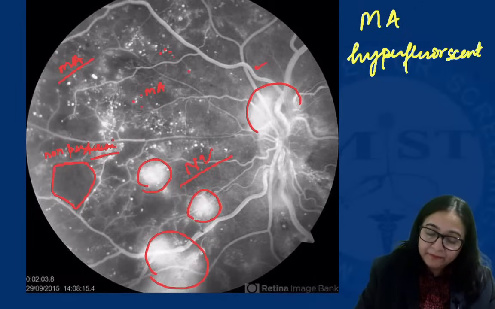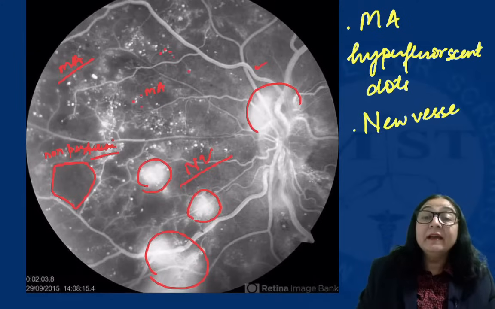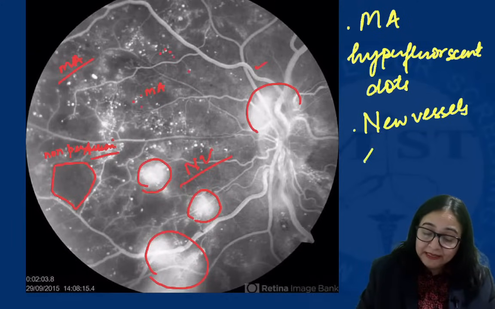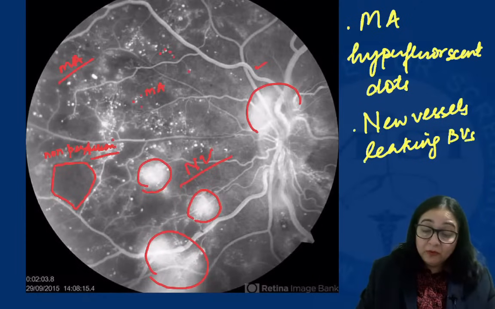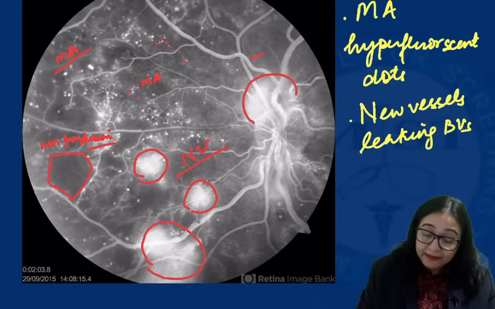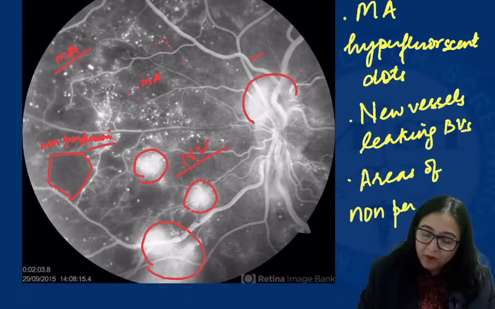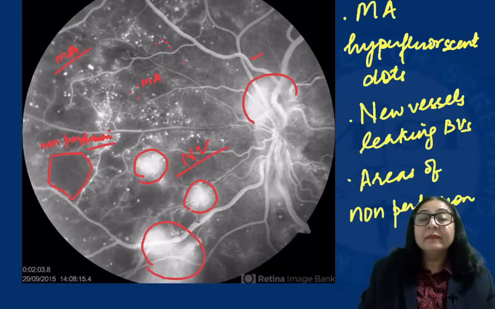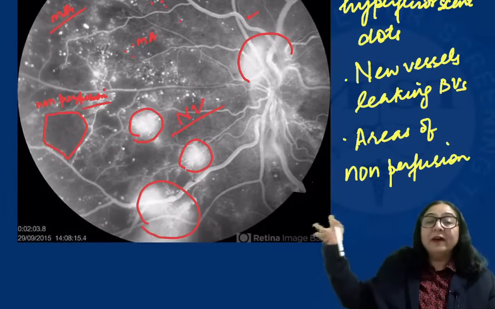You are seeing new vessels or neovascularizations which appear as leaking blood vessels. You are also seeing areas of non-perfusion where capillary block is there. So this is all you are seeing here.